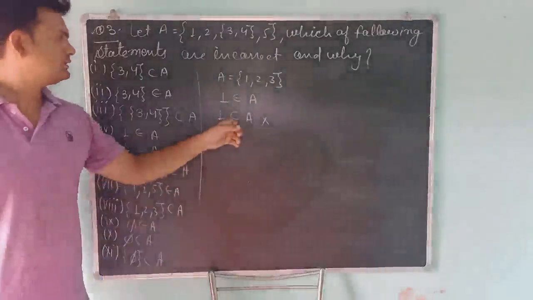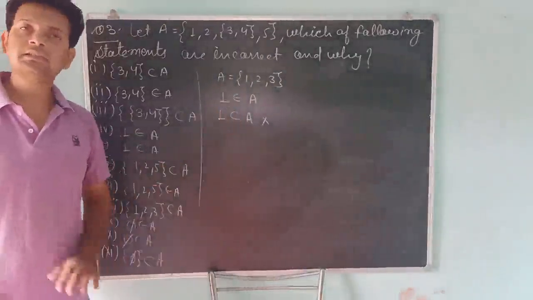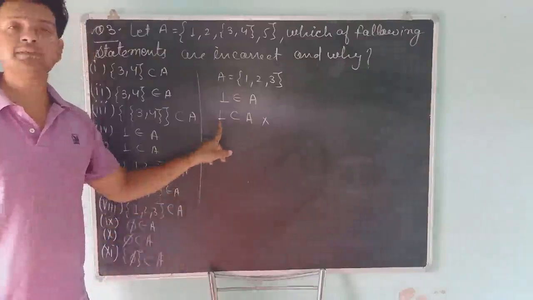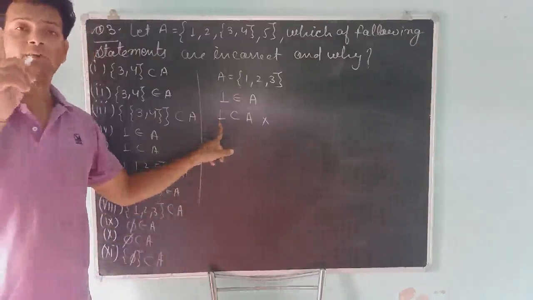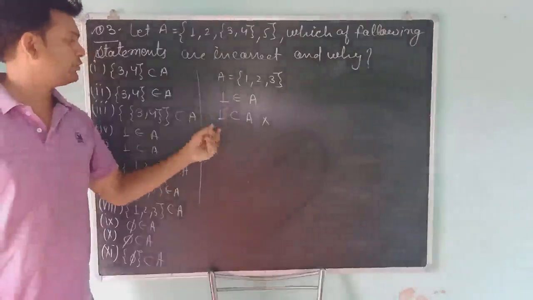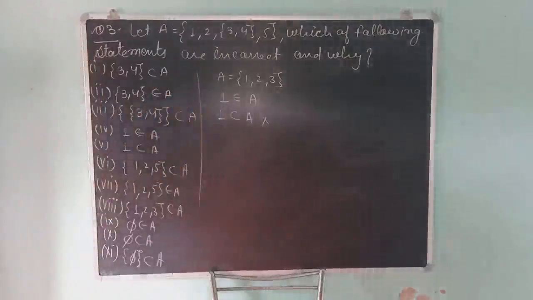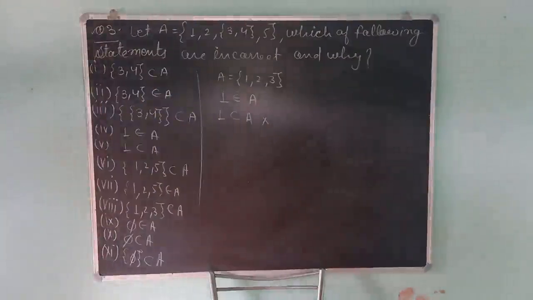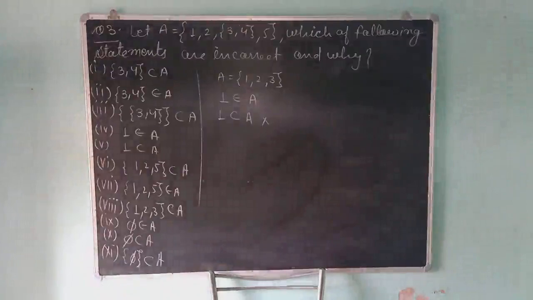1 is a subset of A. This is wrong. This is not a subset. This is only an element because you are not using any bracket, so element only belongs to.